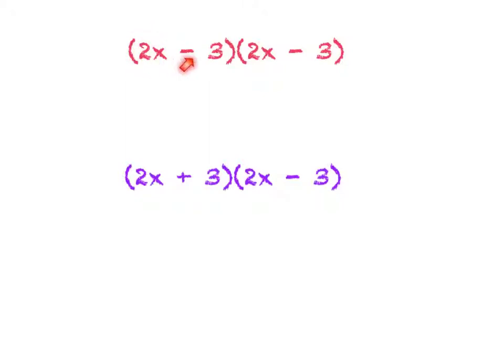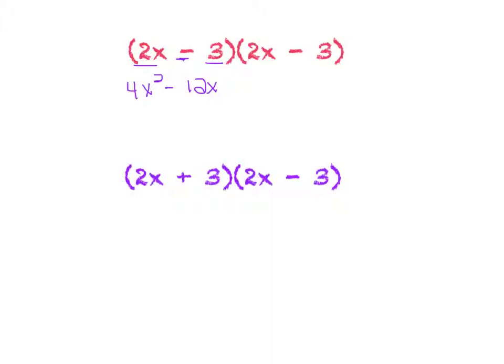So this is squaring a binomial. So we're taking this and we're just squaring it. So it has two factors of the same thing. So that shortcut is you square the first, so that gives me 4x squared. You multiply the first and the last, so 3 times 2x is 6x times 2 is 12x, and it's subtraction here, so it's going to be subtraction here.